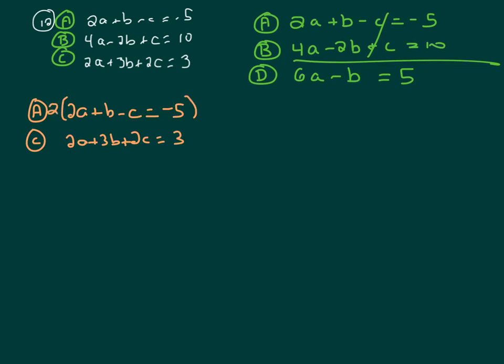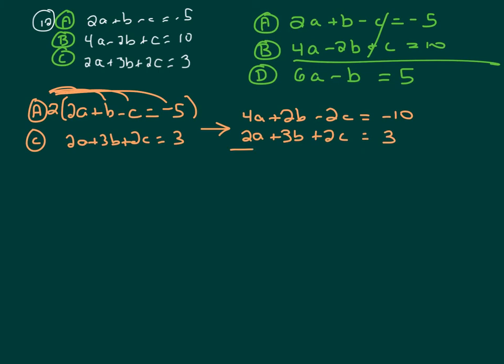Because when we do that, I'll just bring that right over here, we're going to have 4A plus 2B minus 2C equals negative 10. And let me just bring equation C right over. What's going to happen is the C's are going to cancel. So we'll have 6A plus 5B equals negative 7. And I'm going to call that equation E.